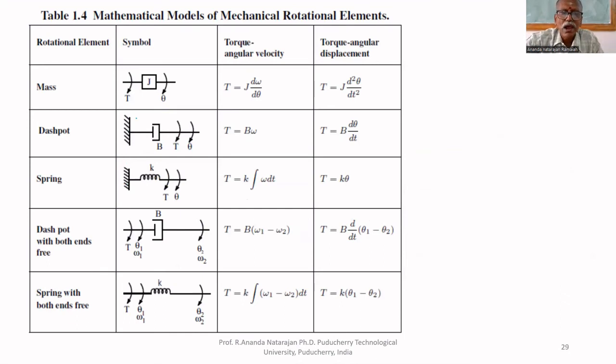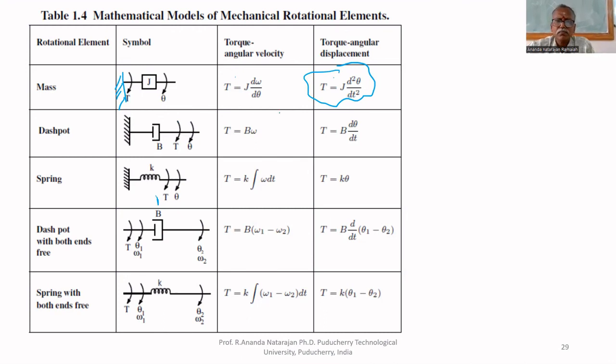For a mass with one end fixed, the applied torque T equals the reaction torque J d square theta by dt square.